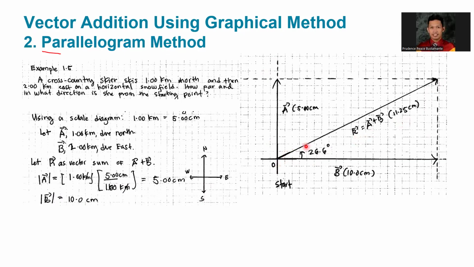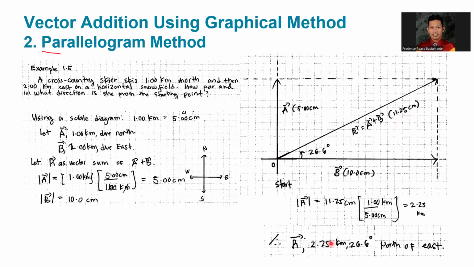So if you measure it using a ruler, you will get 11.25 centimeters. If you scale it back, you will get 2.25 kilometers. And if you use your protractor to measure the angle here, you will have 26.6 degrees.